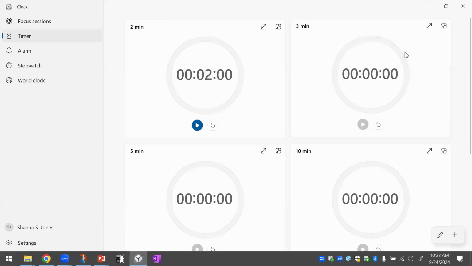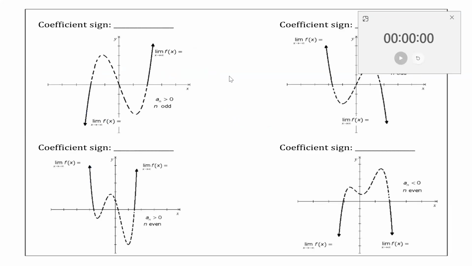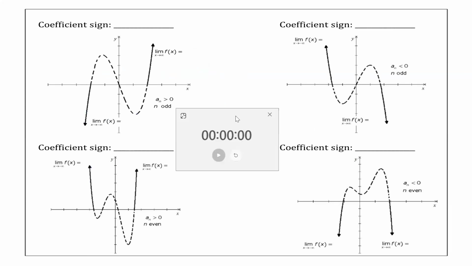I'm going to give you 3 minutes. I feel like this is a 3-minute situation. So you're telling me whether the degree is even or odd, and then whether your leading coefficient is positive or negative.